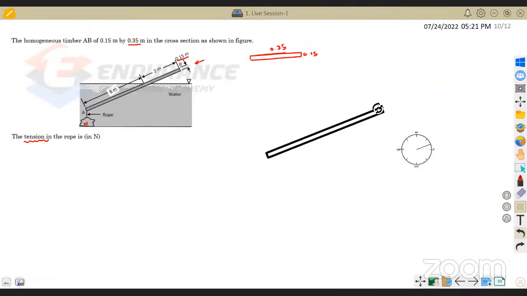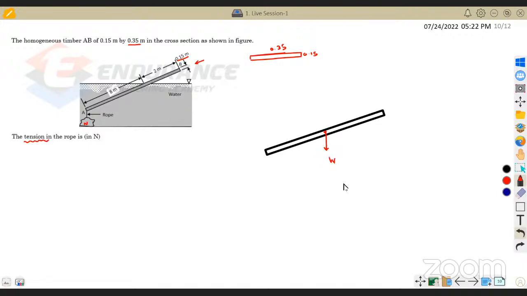Let us consider this is our timber rod, and what are all the forces this timber rod is going to be subjected to? What are all the actions and what are all the reactions? If you consider action, there is only one action here, that is weight. Of course, it's going to act exactly at the center. Center means this totally 10 meter, so exactly it will be acting at 5 meters. So let us consider this is the weight.